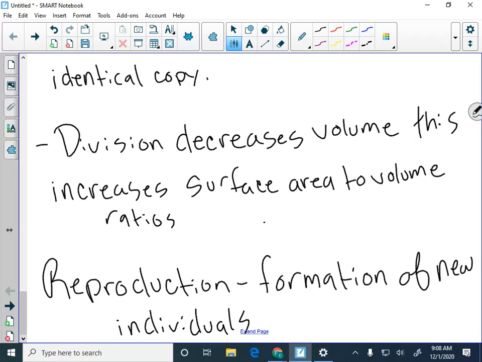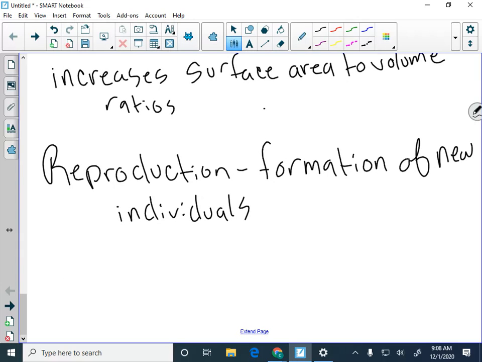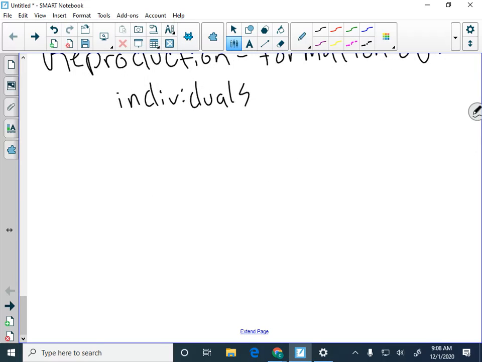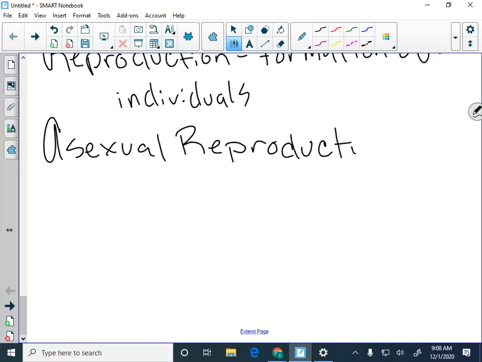We talked about how every living thing, to be considered a living thing, has to reproduce. So there are two types of reproduction: sexual and asexual reproduction. We're going to start with asexual reproduction. So, with asexual reproduction, we are getting offspring that are genetically the same as their parent.